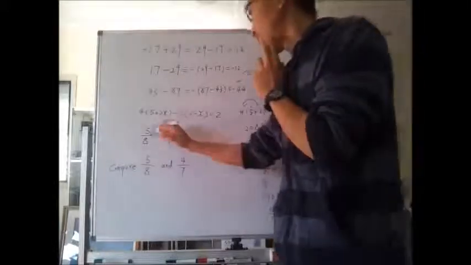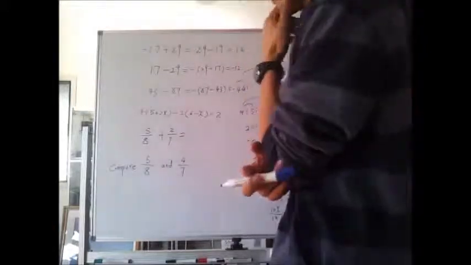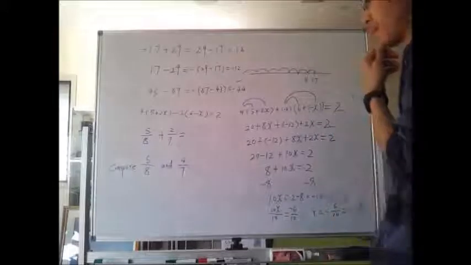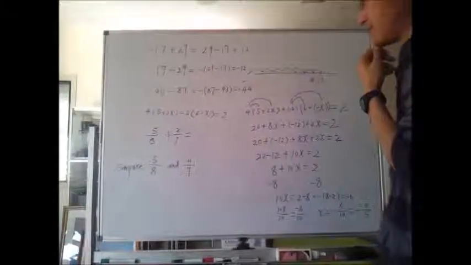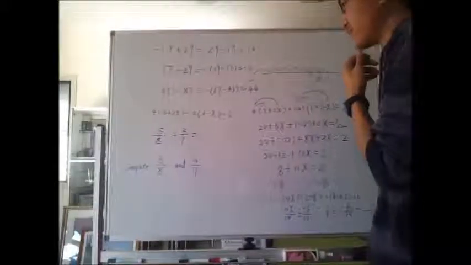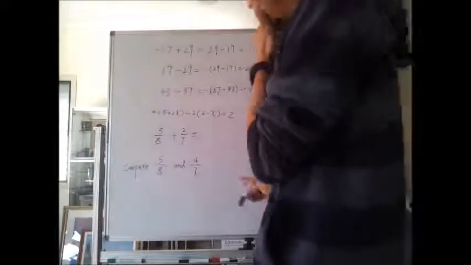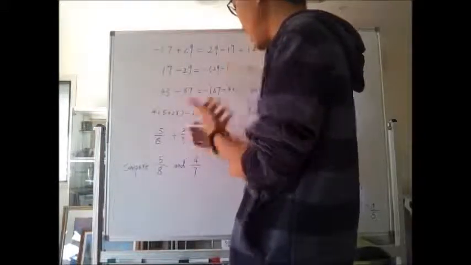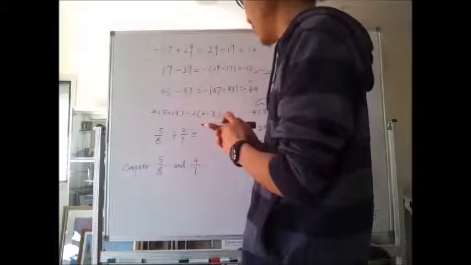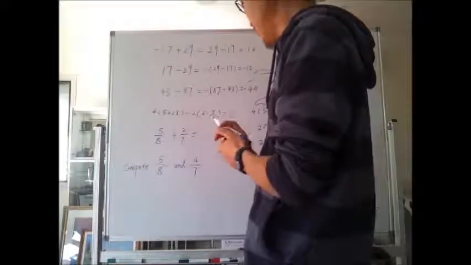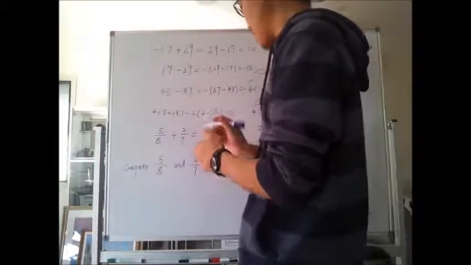Now let's look at 5 over 8 plus 2 over 7. What is that? So to find an answer, first we need to find the common denominator for 2 of them. What is the common denominator?